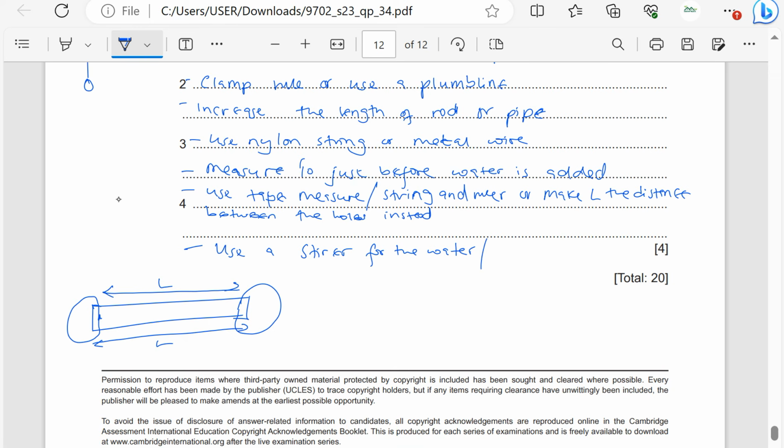We have said the thermometer touches the sides of the tube of the cylinder, so you could clamp the thermometer to avoid it touching the sides of the cylinder, or you could use a thermostatically controlled water bath.